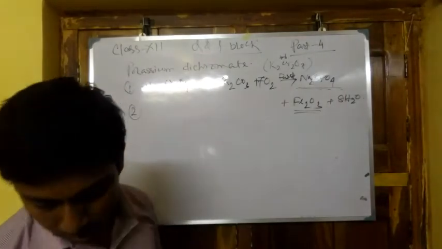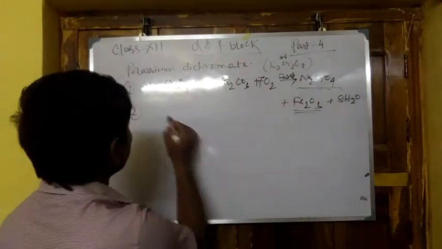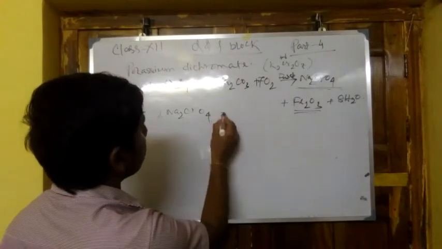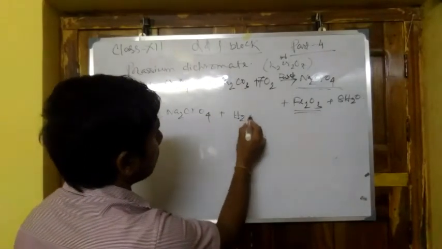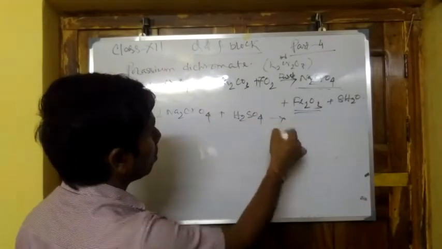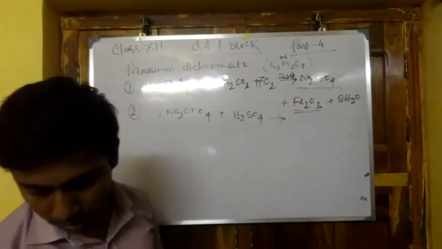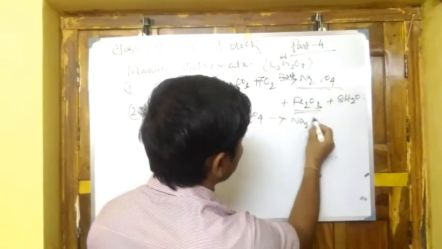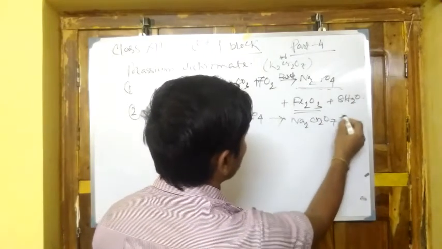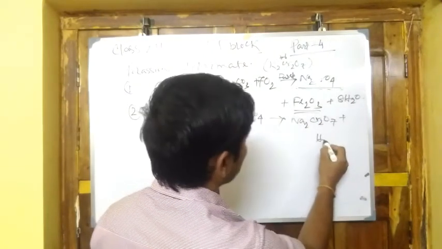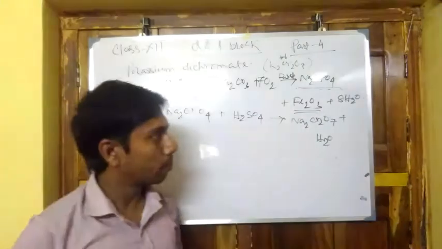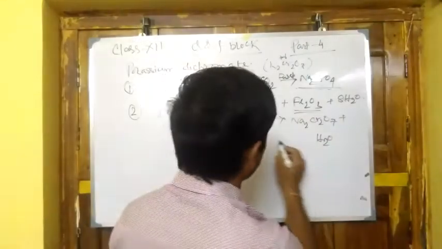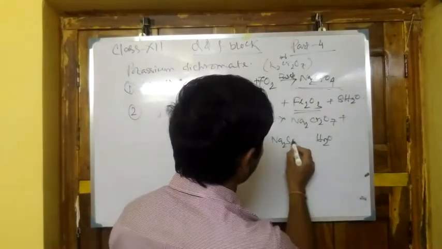The reaction is Na2CrO4 plus H2SO4 forming Na2Cr2O7 plus H2O plus Na2SO4.